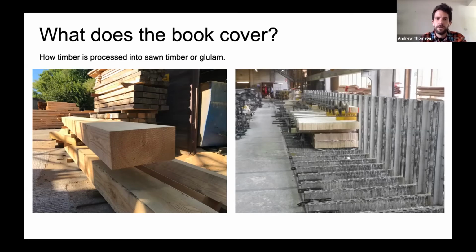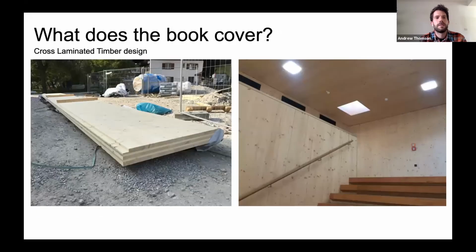And then we move into how you design with glulam, and then from there, cross-laminated timber. And I think it's really important to place value on those early chapters and starting with minimal processed timber sometimes in design.